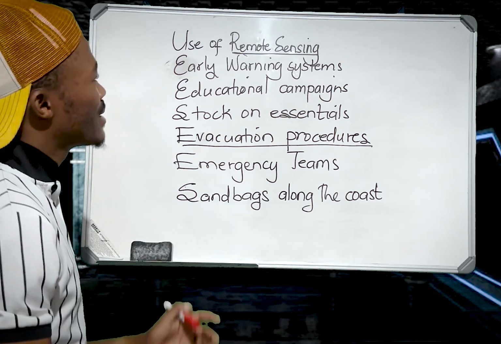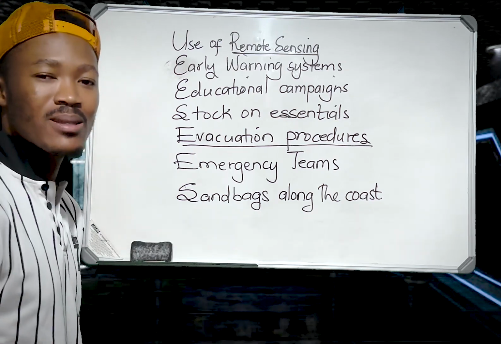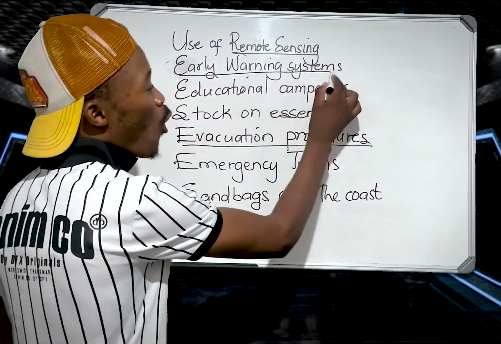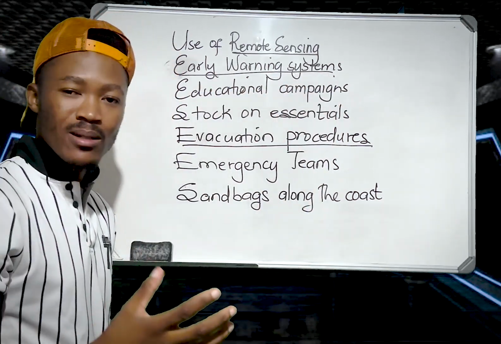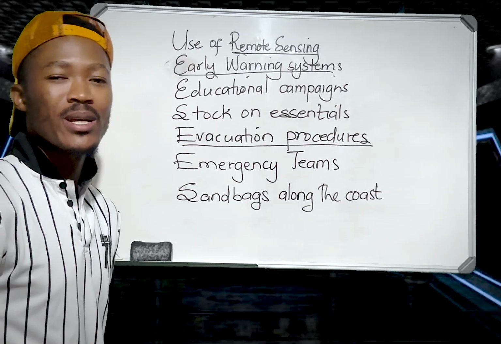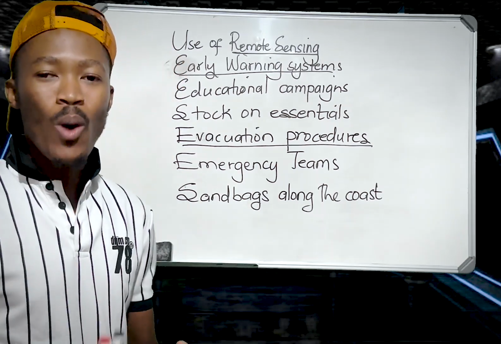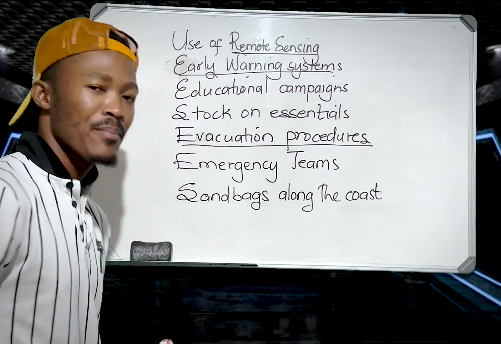Once we have detected the possible path of the tropical cyclone, the first thing we need to do is warn and alert people on time, so that anybody who needs to get to a place of safety may do so while there is still ample time.